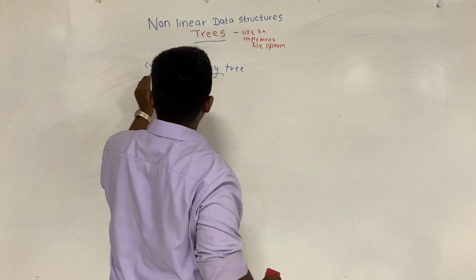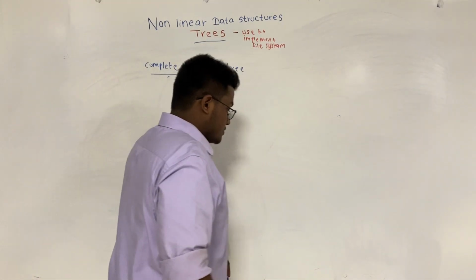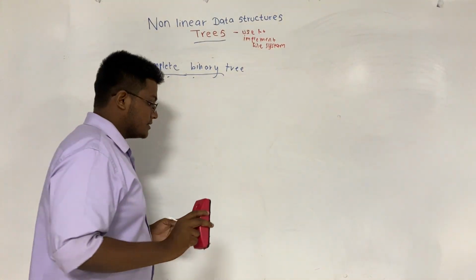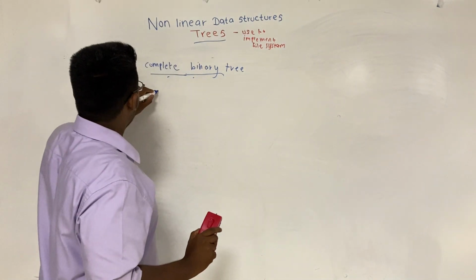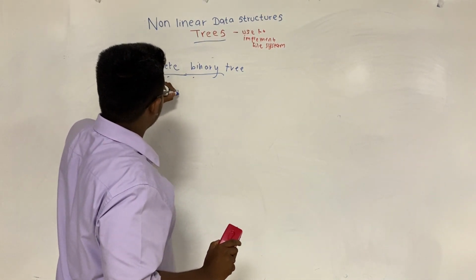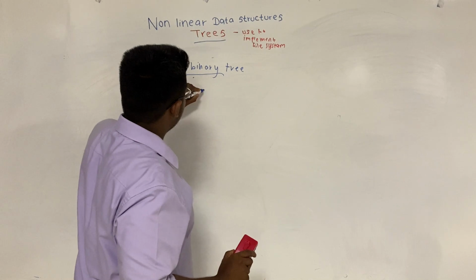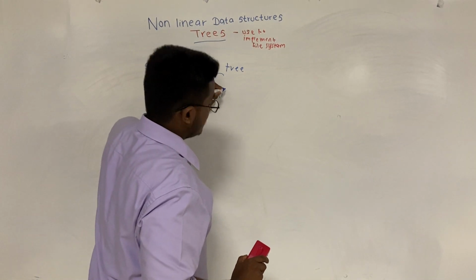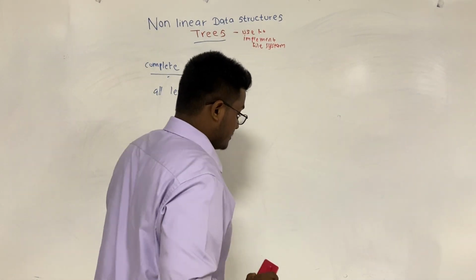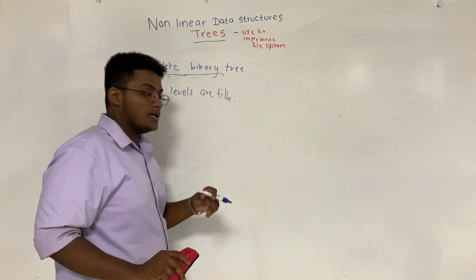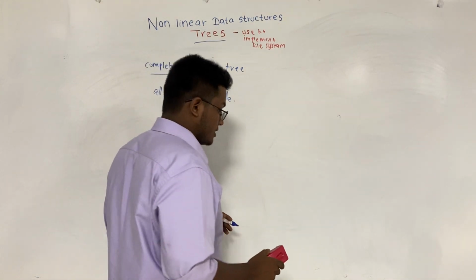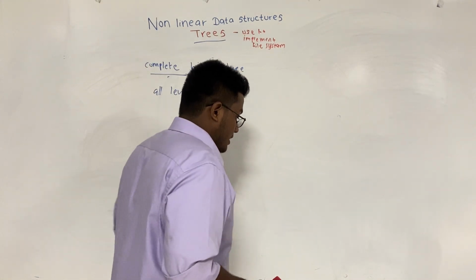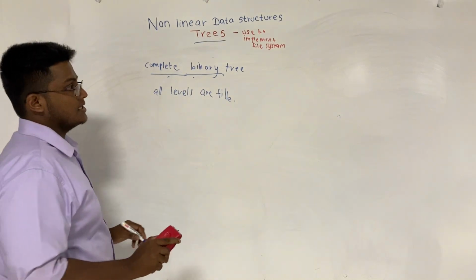Complete binary. So complete binary tree means all levels are filled except the last level, right?